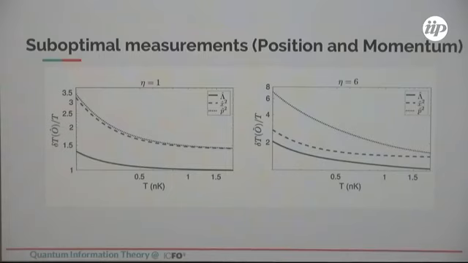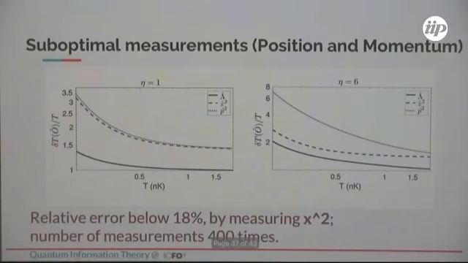The first thing that we see is that position measurements always perform better than the momentum ones. We can still have relative errors below 18% by measuring the position, yet with a slightly larger number of measurements, 400. Before, we had only 100 measurements. I think it's still reasonable.